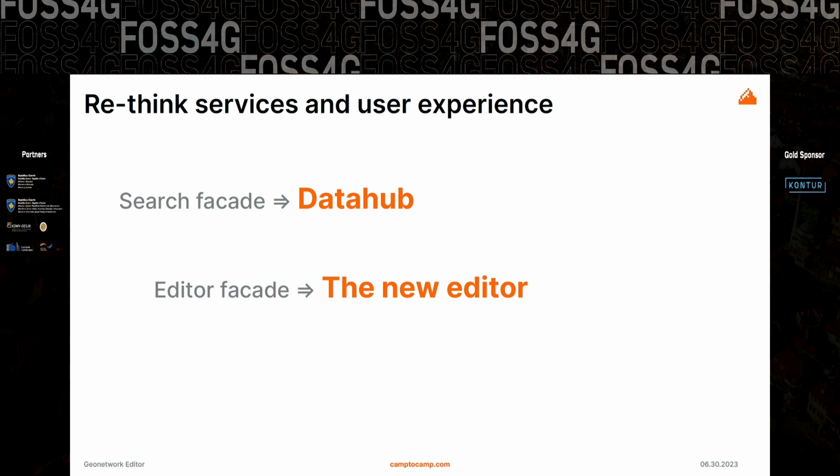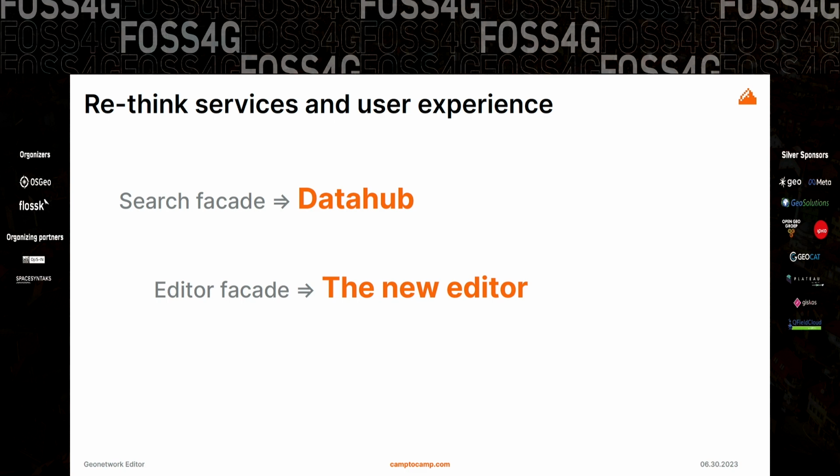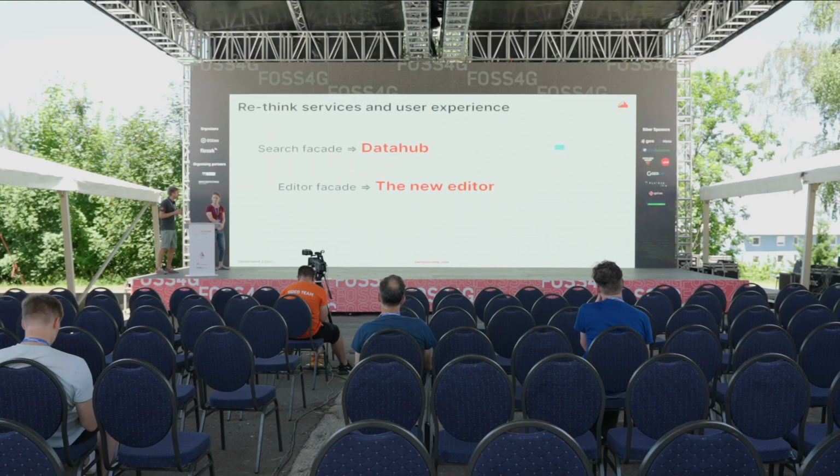So globally, the strategy was to revamp the services offered by GeoNetwork and the user interfaces. The first step toward this goal was the datahub, which is a search facade, an alternative UI to search the data. And the second step is the editor facade, which is an alternative to simplify the edition of the metadata.